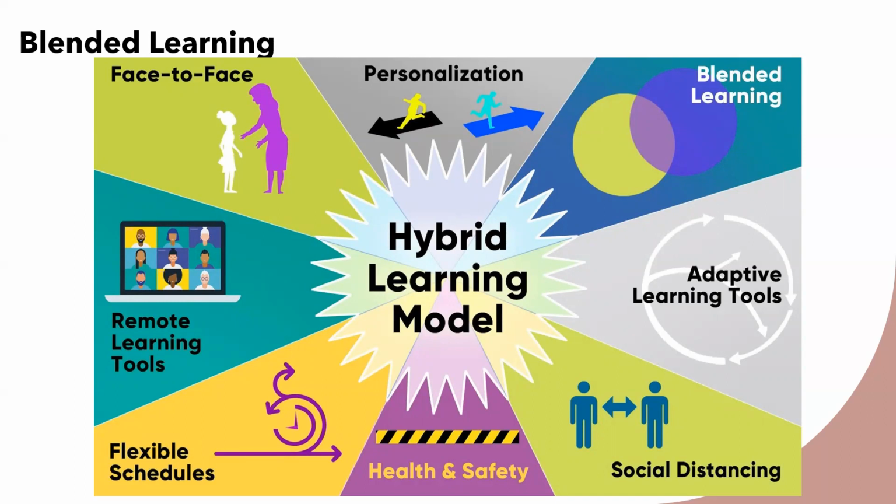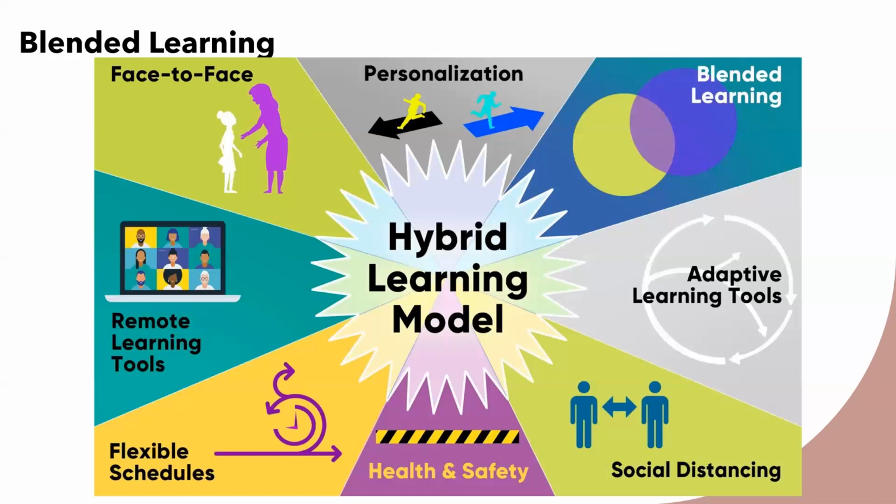Okay, so blended learning is all about face-to-face learning, personalization, adaptive learning tools, social distancing, health and safety, flexible schedules, okay? Because the world we live in right now is so unpredictable. So you have to ensure that even when something happens in society, it doesn't stop learners from gaining knowledge, okay?